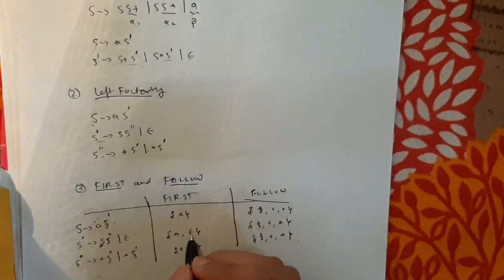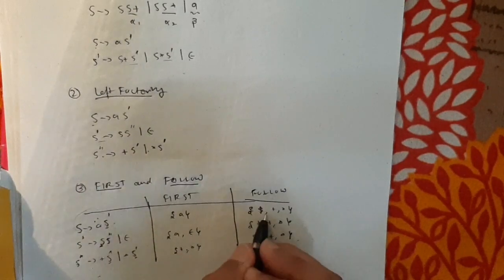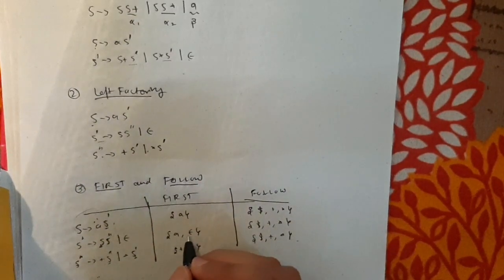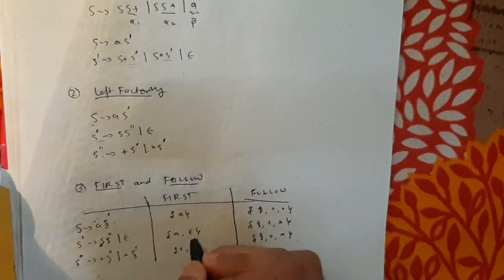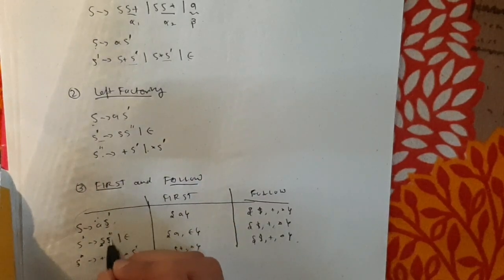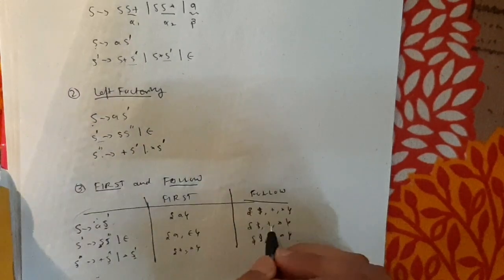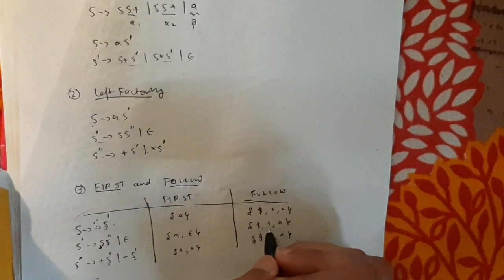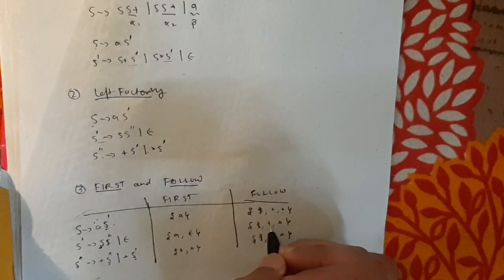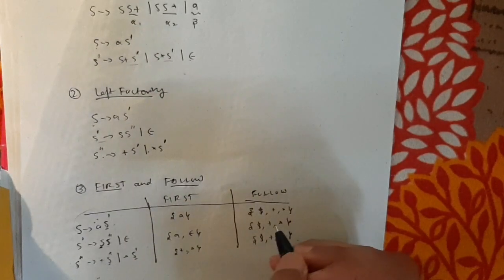After that epsilon is also there, but you cannot write epsilon in follow. Instead, for S dash you will substitute this as epsilon. If this is epsilon, then the last letter is this one. This one means S is there, S will again come here, and S dash will come. So follow of S dash you have to write. The same thing which you are trying to find out, if you have to write that same thing, you can skip it, because that's the recursive one. Okay, so that's how you solve the first and follow.